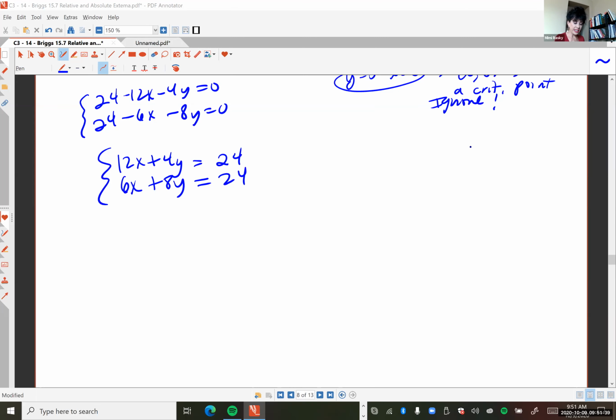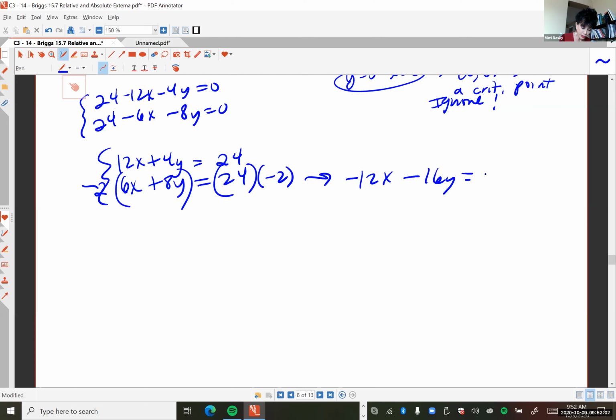Okay, now in this situation, because it's a linear system, you can use either the substitution method, that always works, or if you prefer the elimination method, I'm okay with that. What I did for my problem is I multiplied both sides of equation 2 by -2. So it looked like -12x minus 16y equals -48.